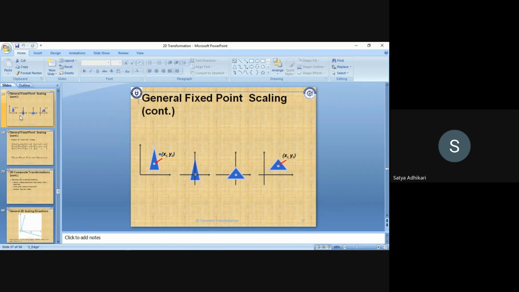The other points in the image will change because it is resizing, so the locations of other points change, but the point through which we made the scaling is called the fixed point, hence fixed point scaling or pivot point scaling.